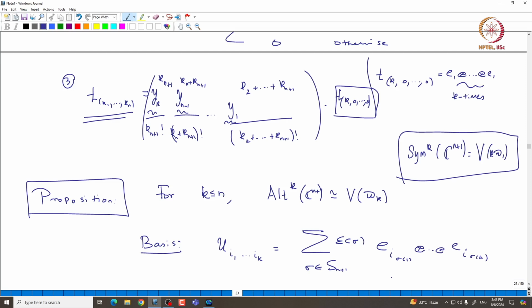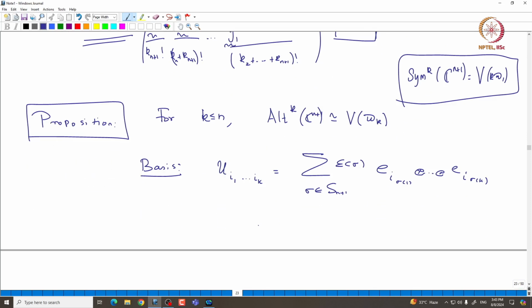So, this is going to be a basis when you take the indexing set to be I 1 less than I 2 less than etc. less than I k, because there should not be any repetitions. So, if we take these tuples and run over all these tuples, u I 1 etc. u I k will form a basis for alt k C n plus 1.